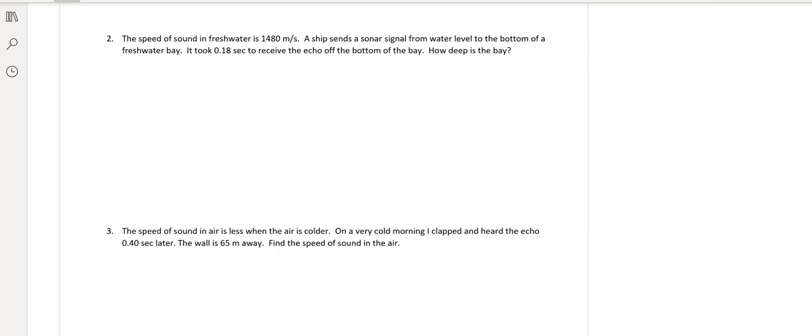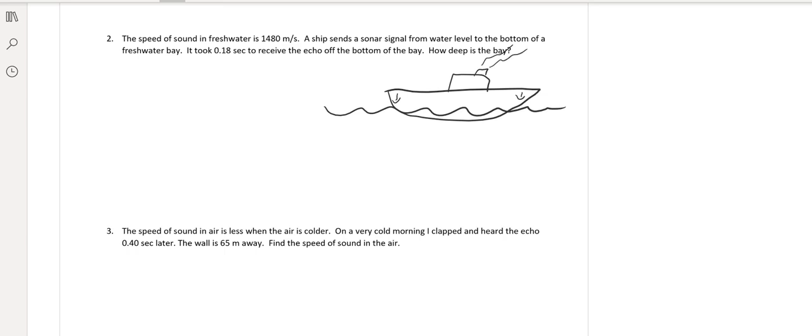So now in this case, we're trying to find the distance. Let me draw a little picture here. There's my water. There's my ship. And it's going to send a sonar signal down, which is a sound wave.